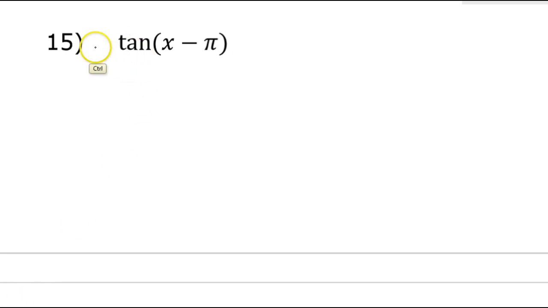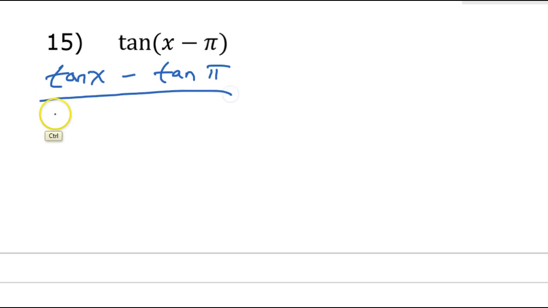Now the tangent formula goes tangent plus tangent, well, this is subtraction, so tangent minus tangent over 1 plus tangent tangent. So this is going to be tangent x minus tangent pi. The numerator keeps the same operation.